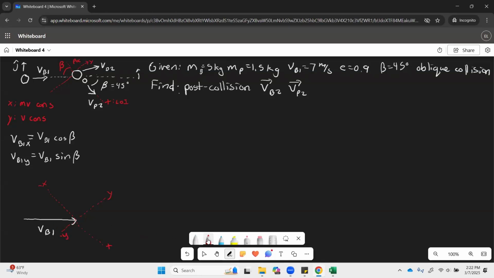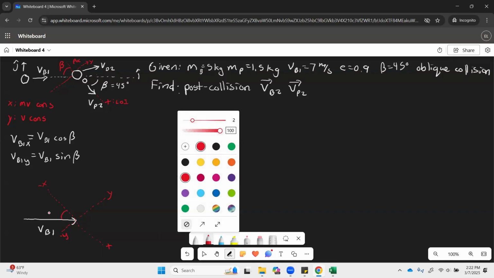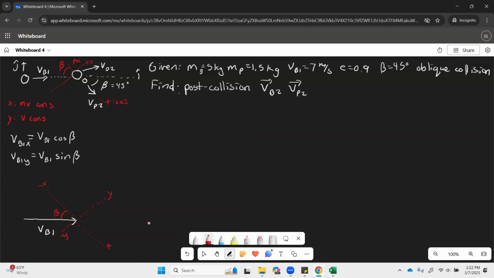So VB1 is going this way, and here is beta. Then we'll have this part in the y direction, and this component in the x direction. So this is VB1x, and this is VB1y.